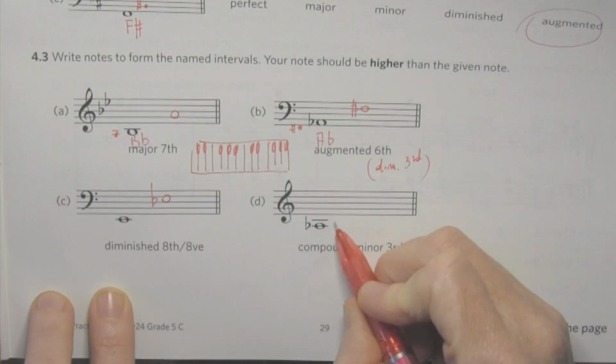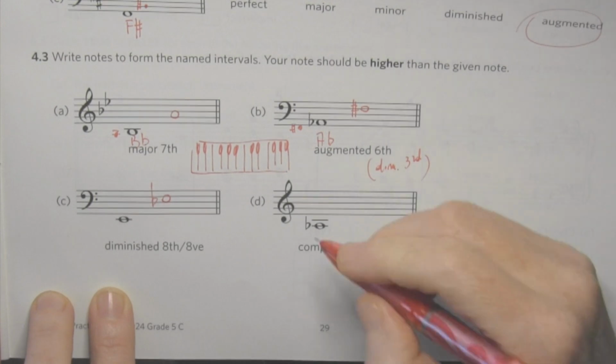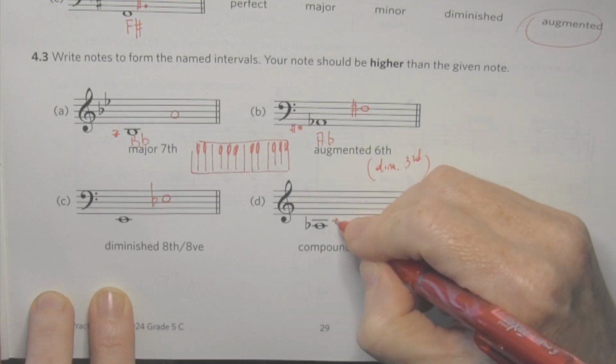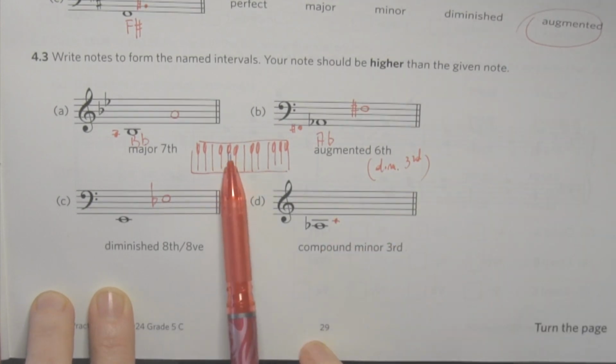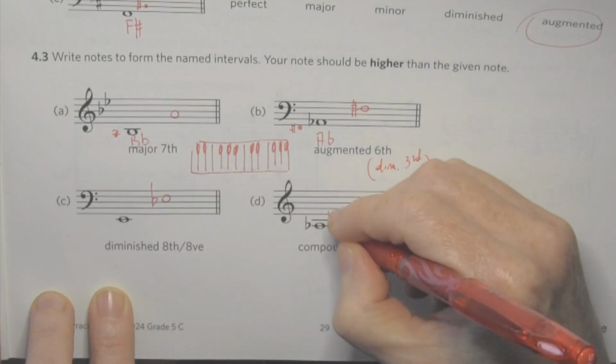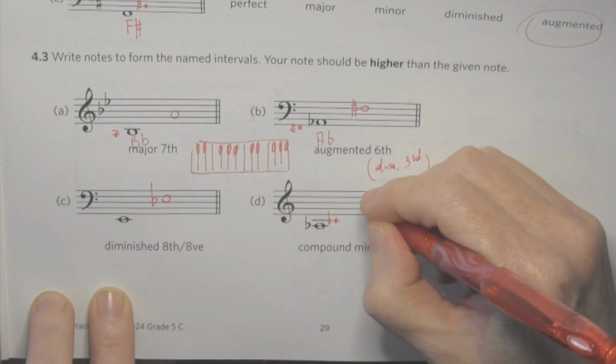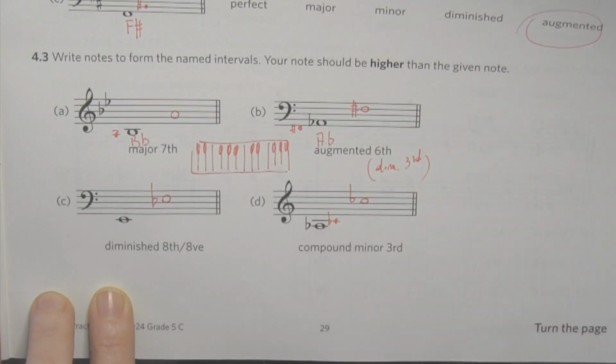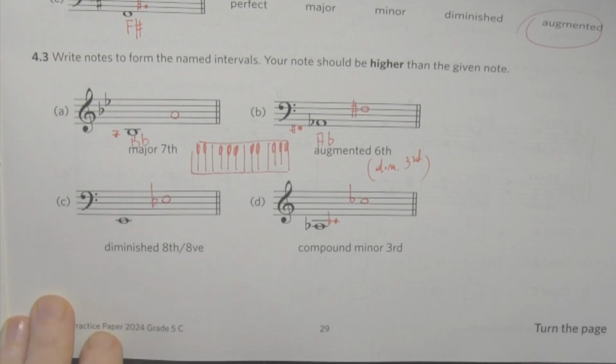We find a minor third first, and then we raise it up an octave. La flat, a minor third is 1.5 tones away, so it's C flat. So once we find this, we write it properly an octave higher. That's it, sorted.